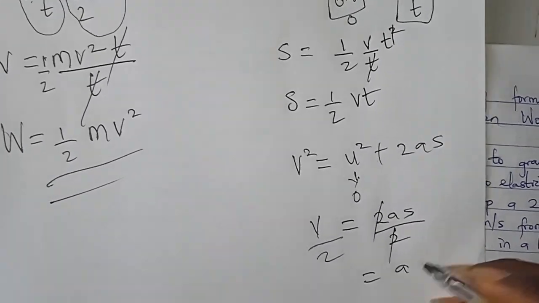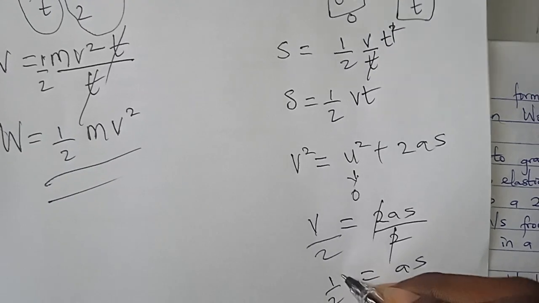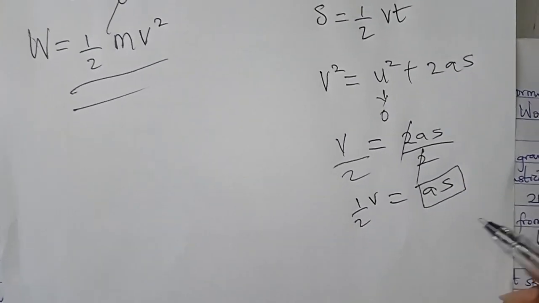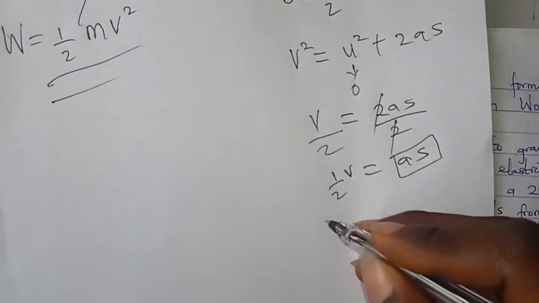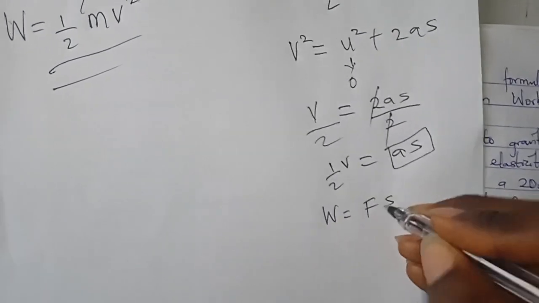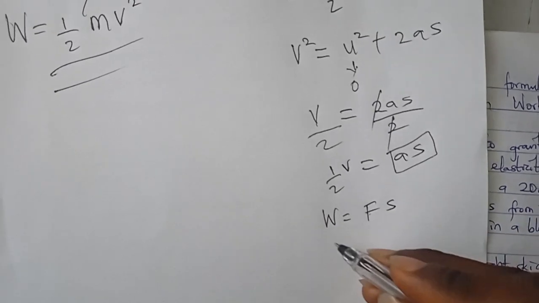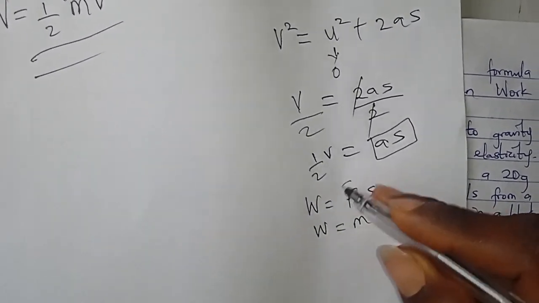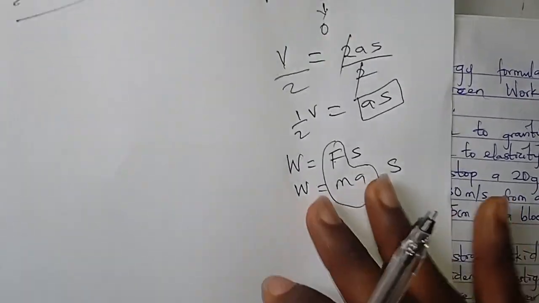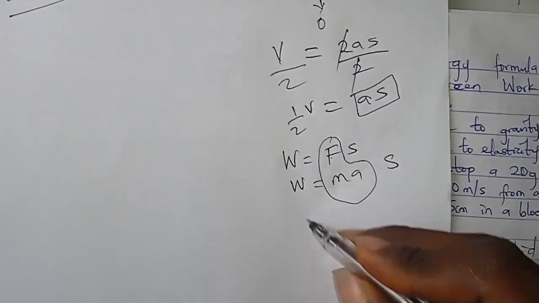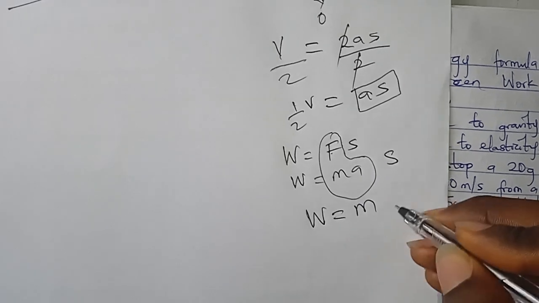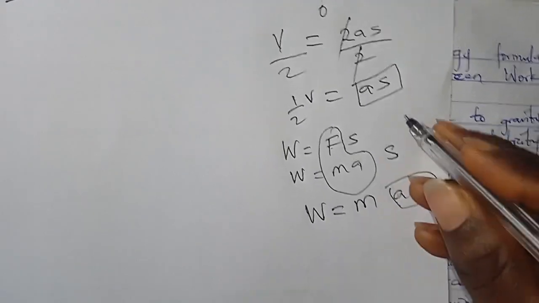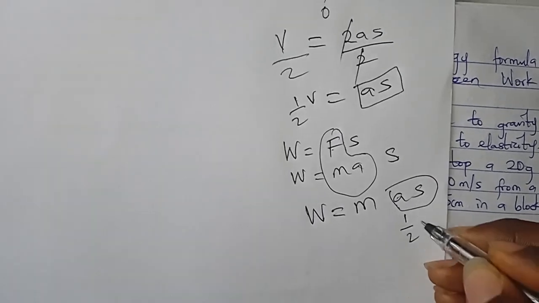You see that this is the same thing as saying as equals half v square. And if you look at work is equal to Fs, and F is the same thing as saying ma. So we can replace everything here, then have s here. So notice that if I put this in such a way that I have mas, it is the same thing with this. So now replace as with half v square.